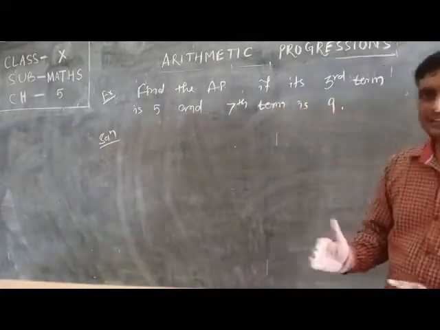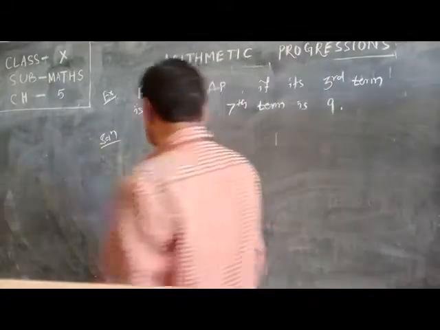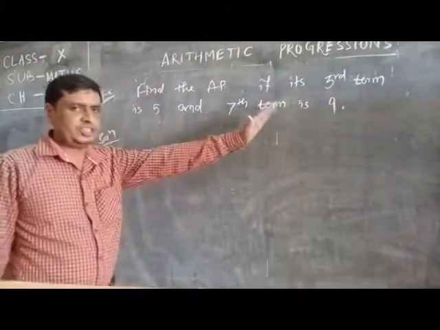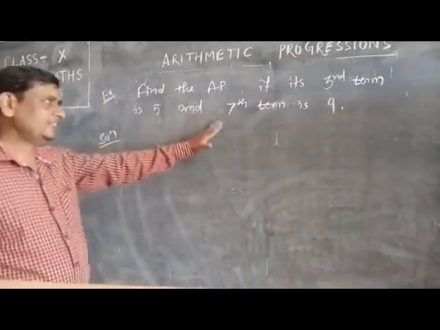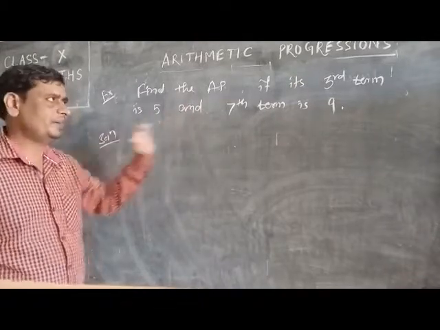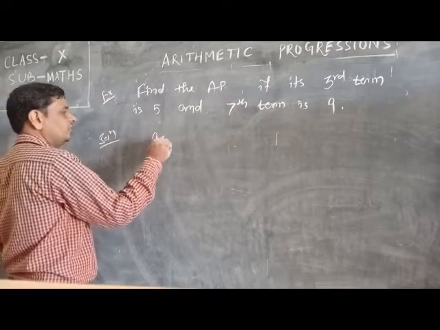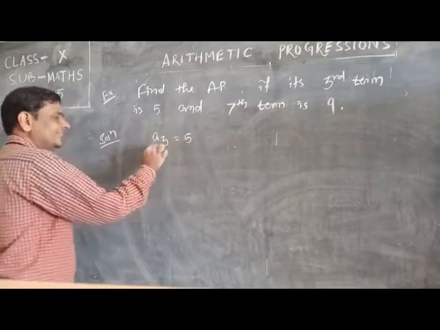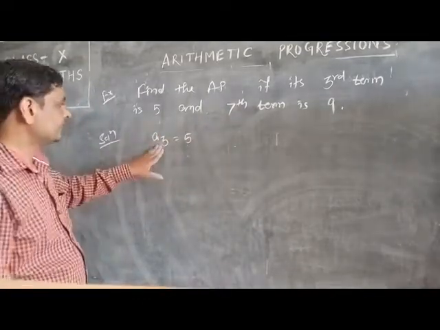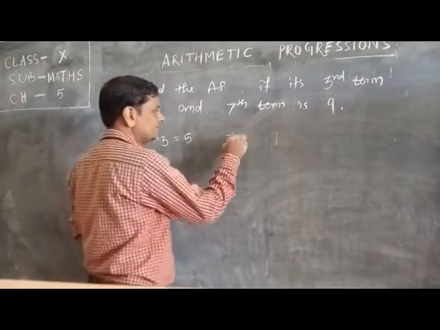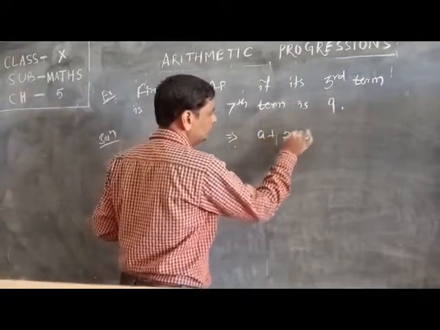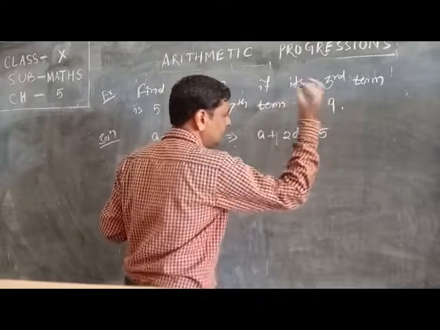In this way we can generate the AP. But the first term and common difference are not given, so we have to find them. According to the data, third term is 5, that means A3 is 5. A3 means A plus 2D. This is given as 5.